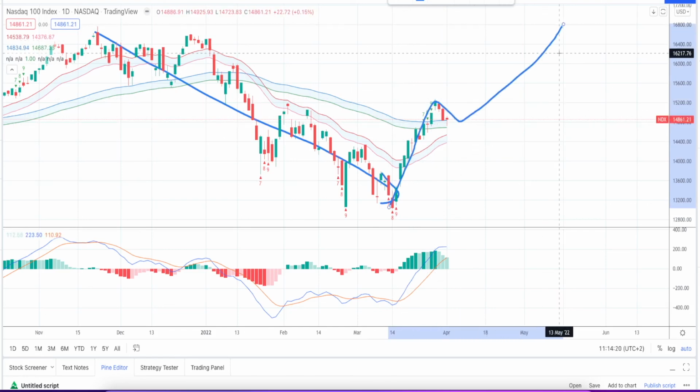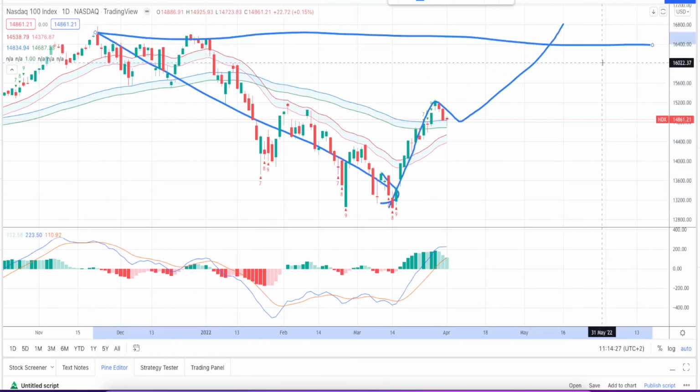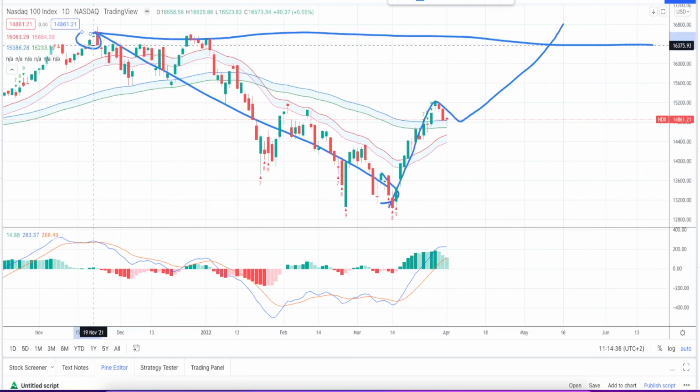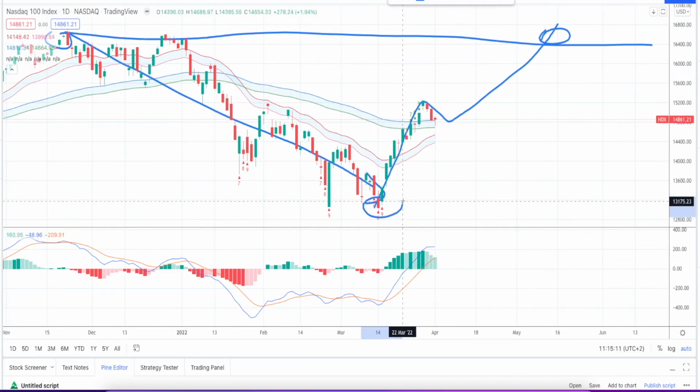How do we confirm that we're in the reversal? Only when the price creates a new higher high, which is this point here, 16,573. So when the price one day creates a new high from the previous low until now, we're in a reversal.